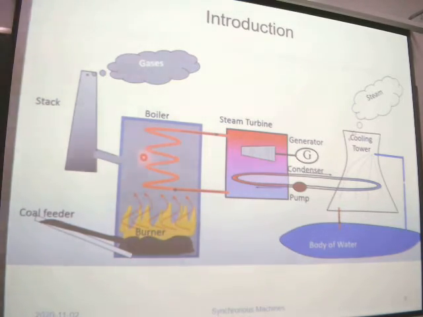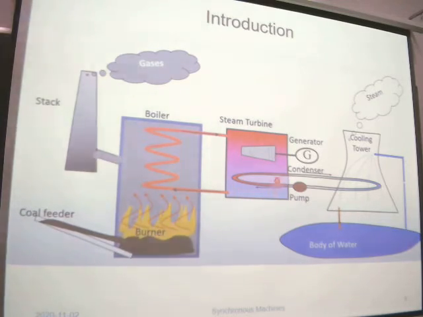Most of the electrical power is obtained by the coal plant. And we see here the generator, designated by the G. The G is the synchronous machine, so it's used as a generator.